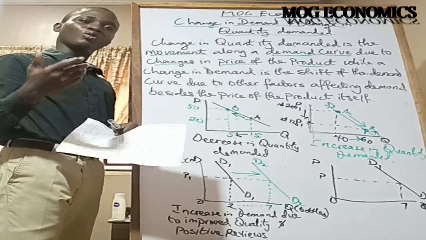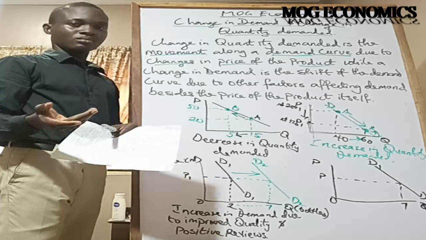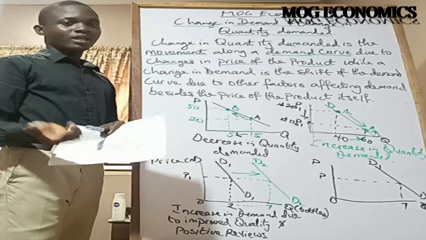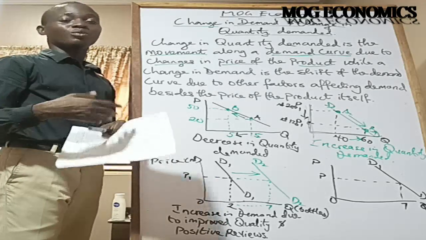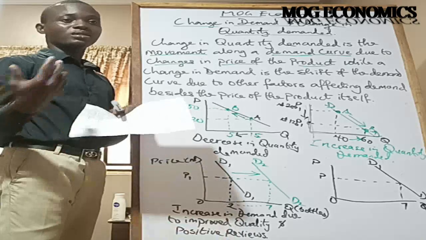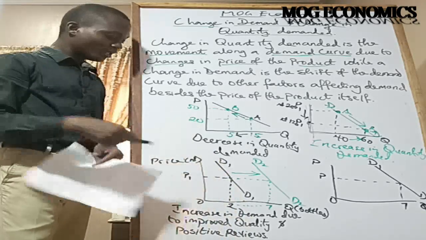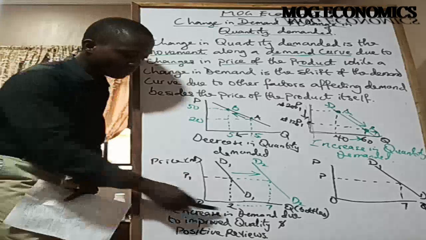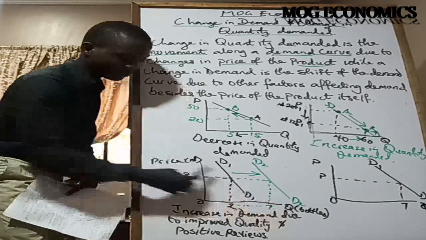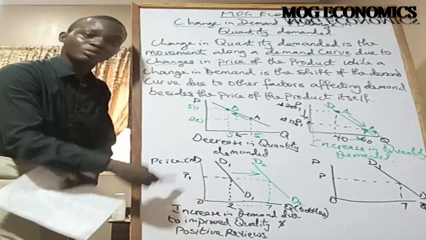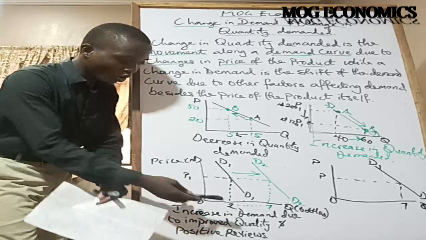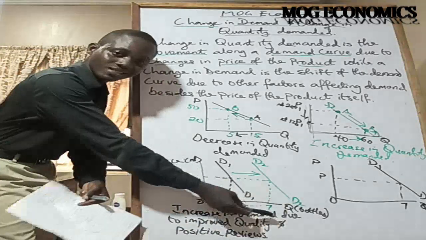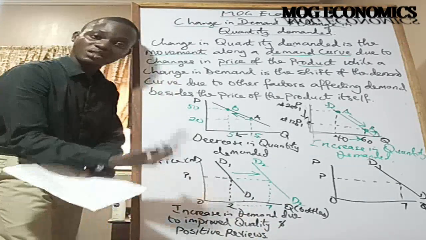So you will likely cut down on your consumption of Coke. It is not because Coke became more expensive. It is basically because of something else. So here, customer review is not the variable; the variable is quantity and price. There's no customer review on this graph, so it will shift your graph.